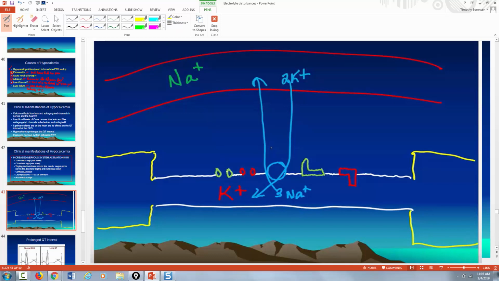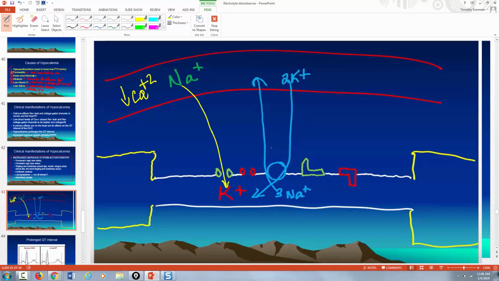And when enough sodium leaks in, it's going to cause that nerve to fire. Now, what does high or low levels of calcium do? Low levels of calcium in the blood make sodium leak in more.